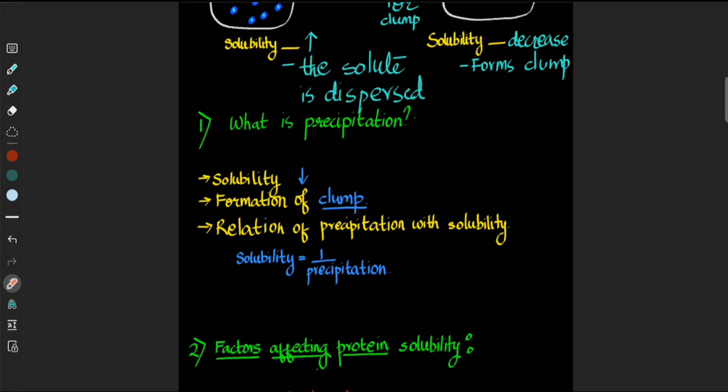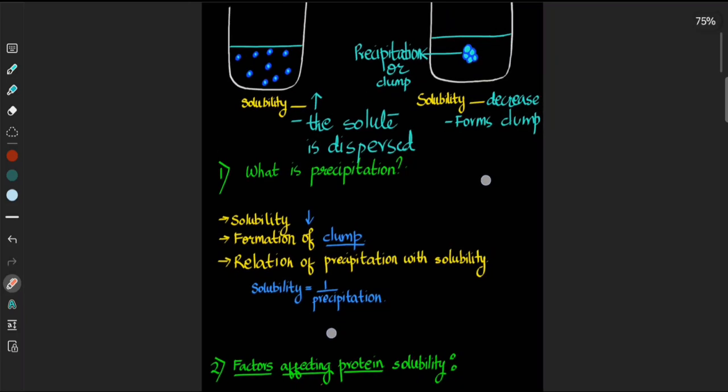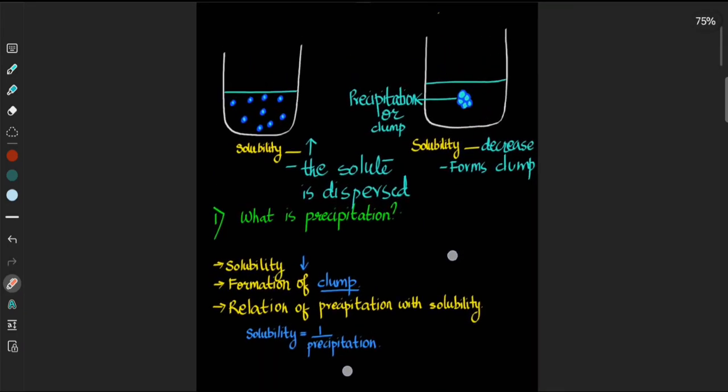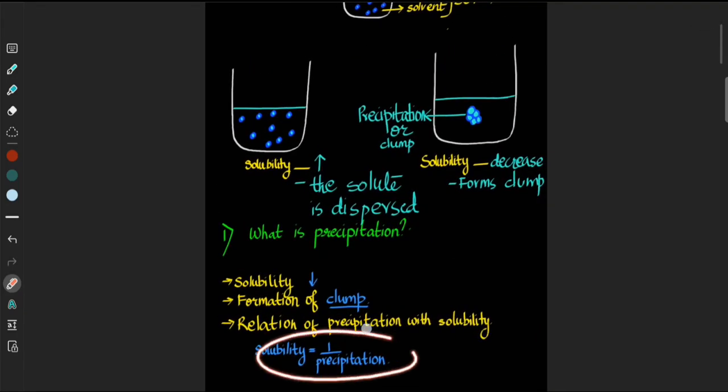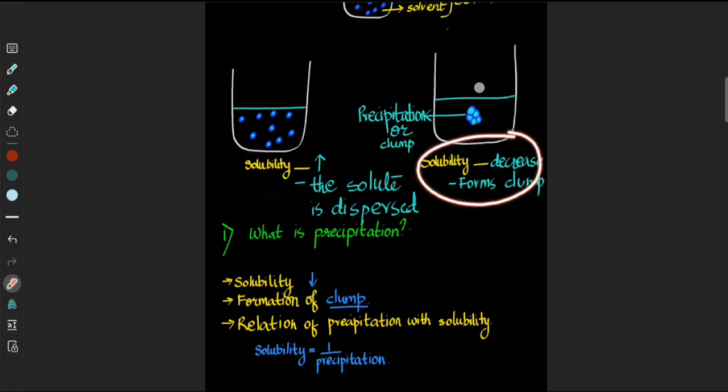Whenever we talk about the relation of precipitation with solubility, there is an inverse relationship. As you can see over here, I have written that solubility is inversely proportional to precipitation. When solubility is increasing, precipitation is decreasing, right? And when solubility is decreasing, precipitation is increasing.